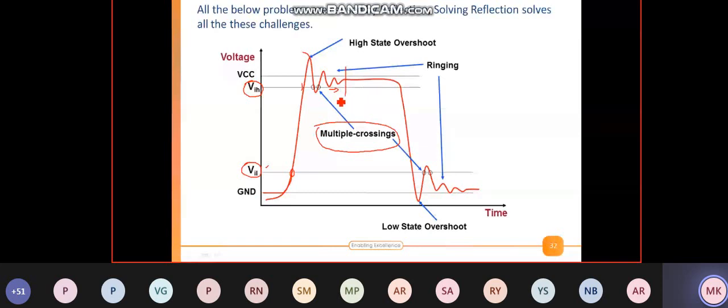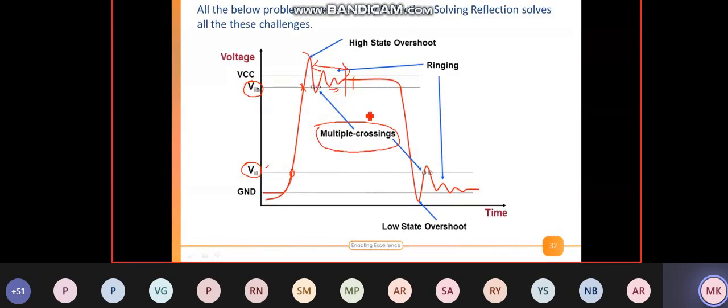If you have to match setup and hold time requirements, you have to consider the time taken to reach steady state condition. The more the ringing, the more the timing violations. So we should be thinking about how to reduce these challenges.